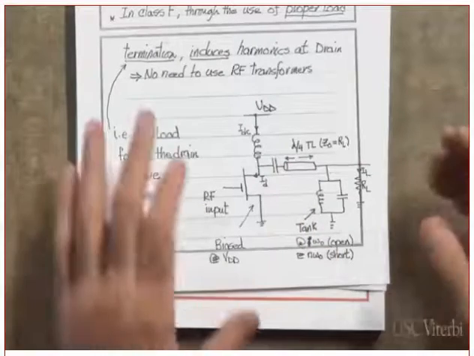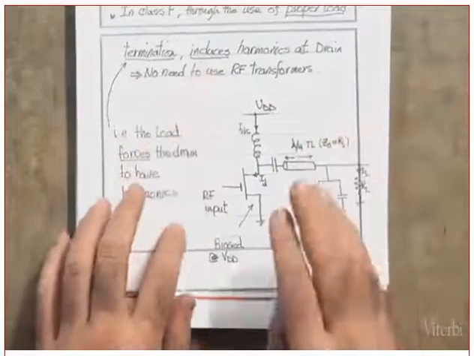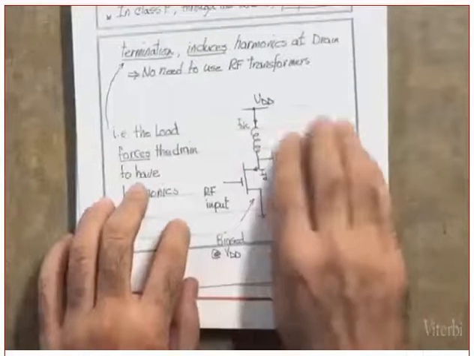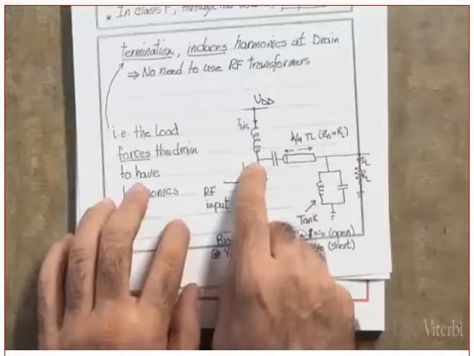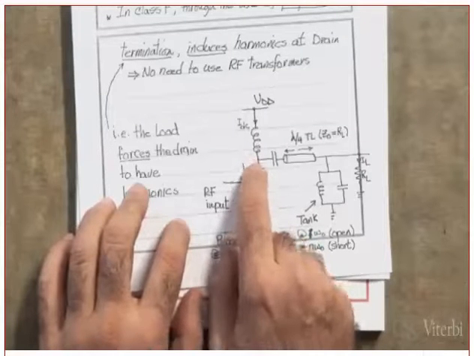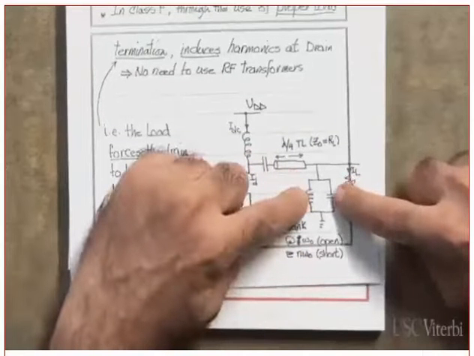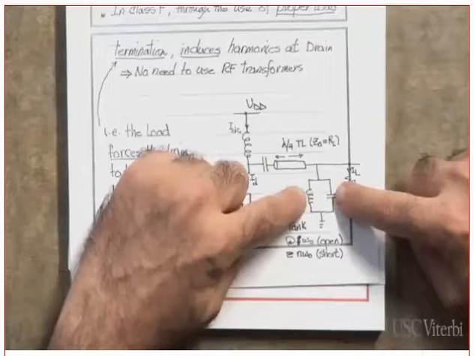Clear? What is the idea behind this? The idea is that this circuit is configured in such a way that it will keep all the odd harmonics on this side. In the harmonics, this one is acting as a short.